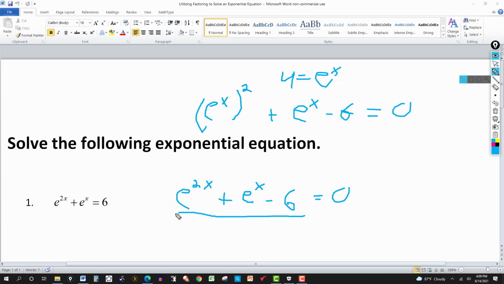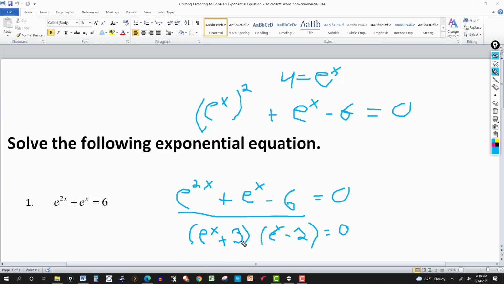This is going to factor into e to the x plus 3 and e to the x minus 2, equals 0.